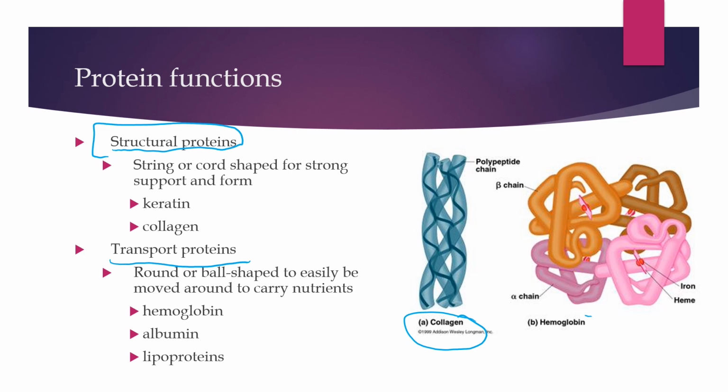Transport proteins are proteins that carry things from one part of our body to another. So we mentioned hemoglobin, which is in red blood cells, and it carries oxygen throughout your body. You have other proteins that carry lipids. So we have a number of transport proteins that are used to carry specific nutrients from one part of the body to the other.